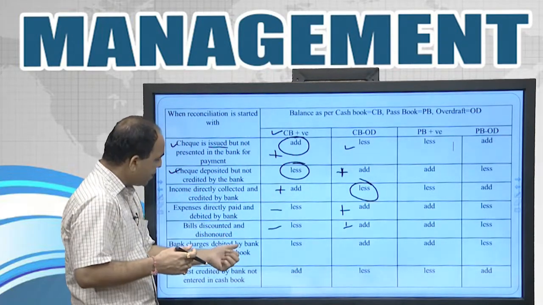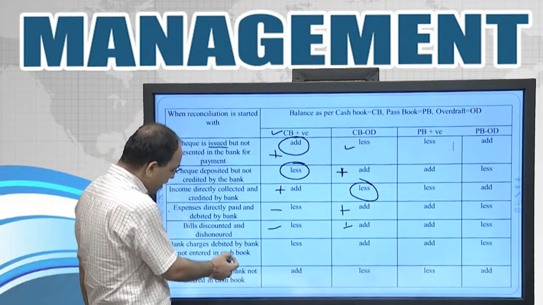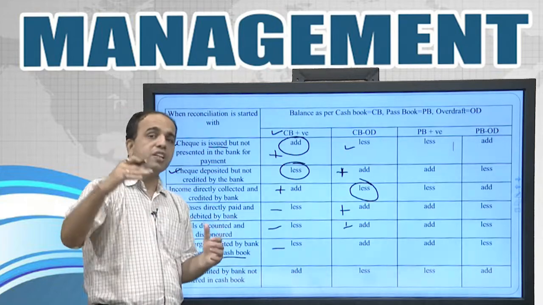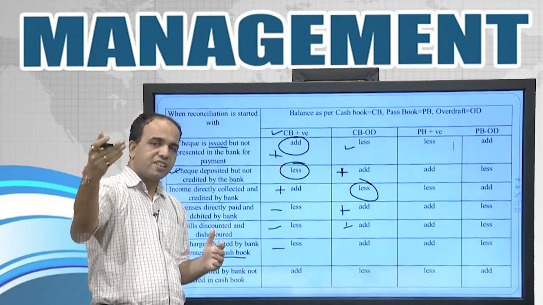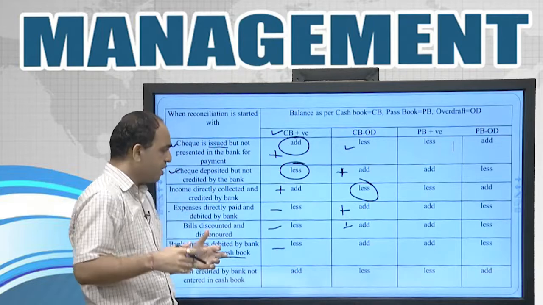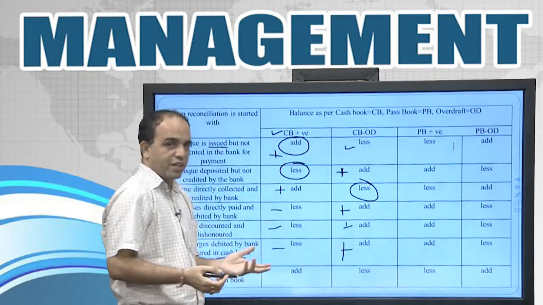Bank charges debited by bank not entered in the cash book: if it is not entered in the cash book, then we have to minus it, because if bank has debited the charges, it should be debited in the cash book. But wait, if it is an overdraft, we have to add it.